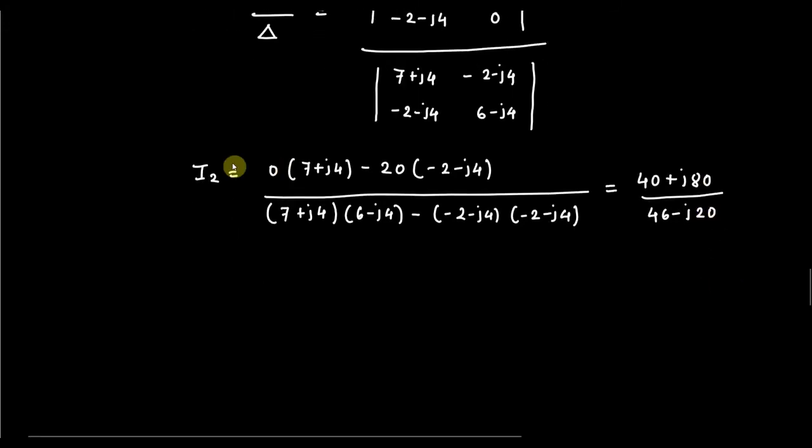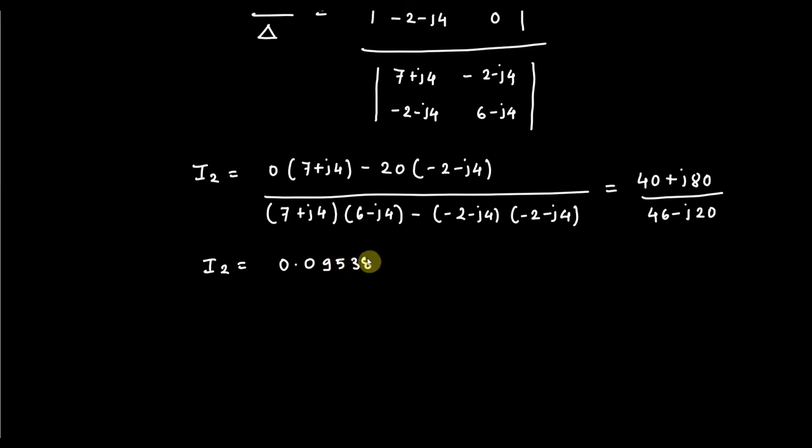Now after that, find out this answer. Your I2 comes out to be, when I have solved it, 0.09538 plus J1.780. And we have to convert this answer into polar.